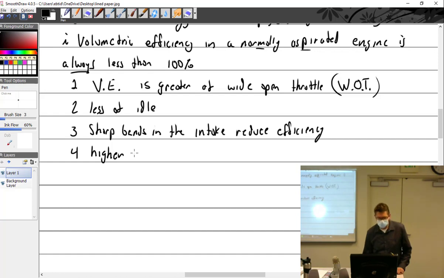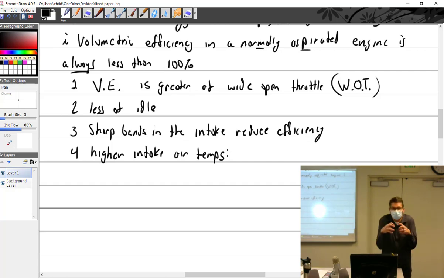Higher intake air temps. The colder the air, the denser it is. The denser the air means more air. More air means higher volumetric efficiency. So higher intake air temps reduce efficiency.